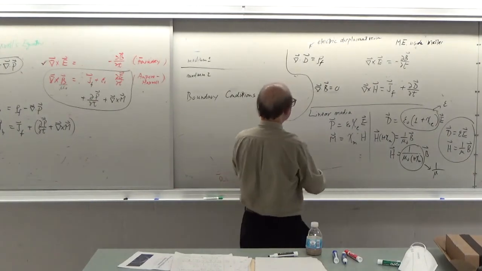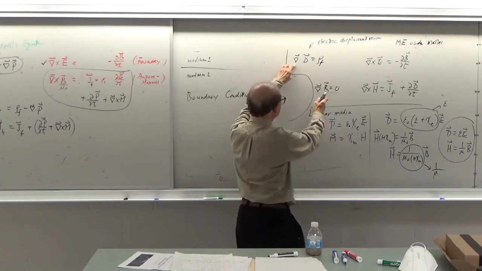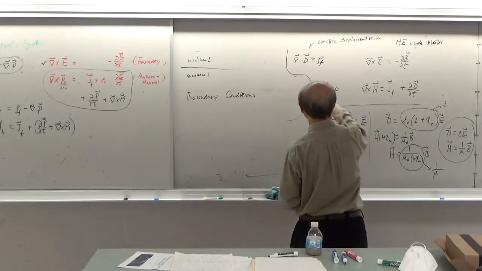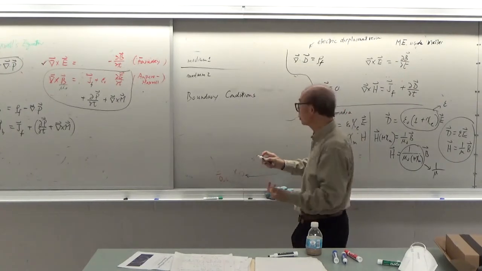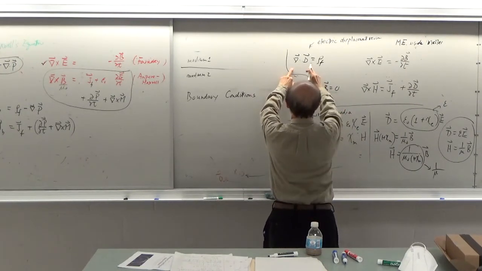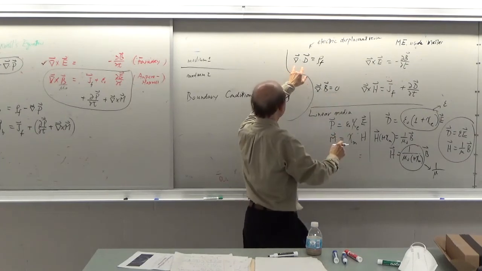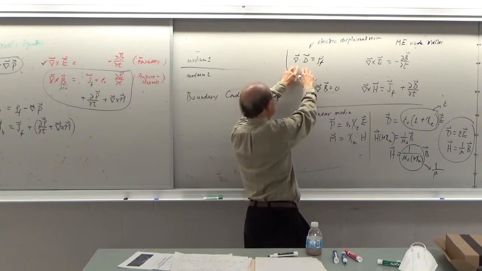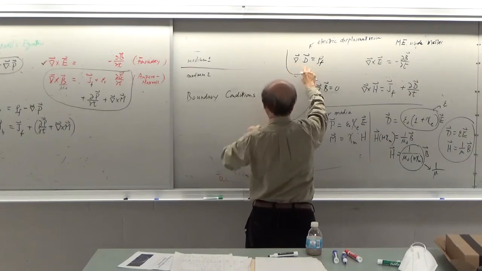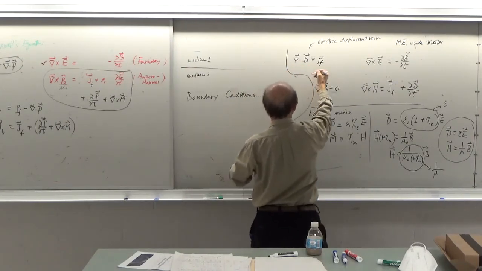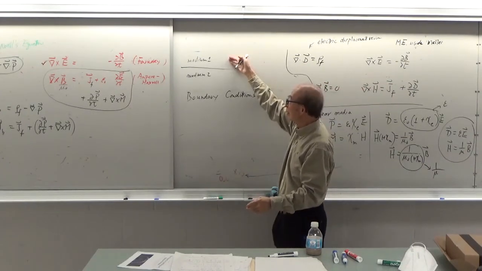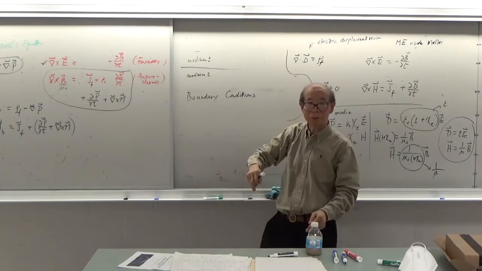For example, there are 4 equations, 2 involve divergence, 2 involve curl. And for the 2 equations involving divergence, all you have to do is consider the volume integral of both sides, use Gauss theorem to convert into a surface integral, and you apply that to a pill box with half of the pill box in medium 1 and the other half in medium 2.